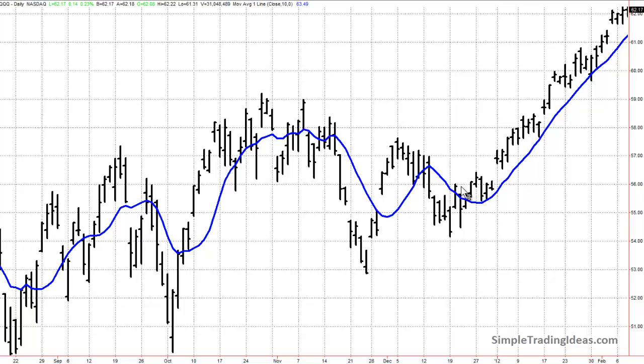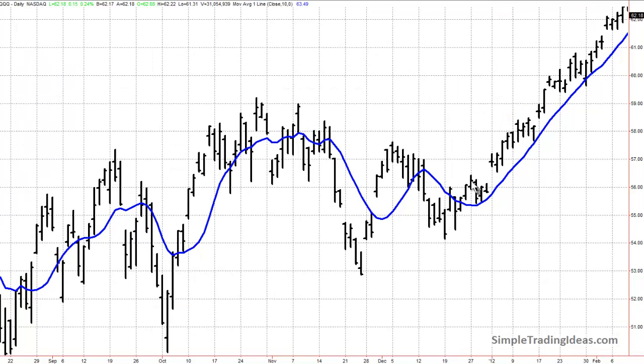And typically, a moving average is used as a trend indicator. So we're looking for a trend, and here, for instance, we might be looking to buy when the close is above the moving average. And again, you want to have specific things whenever you're looking at ways to trade.